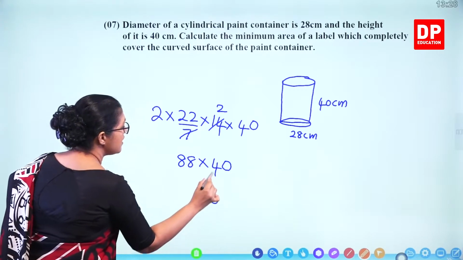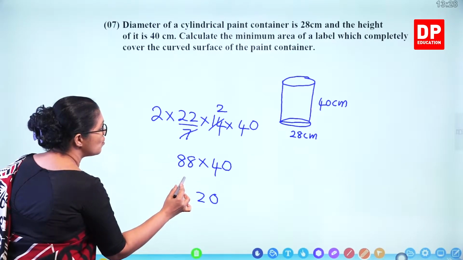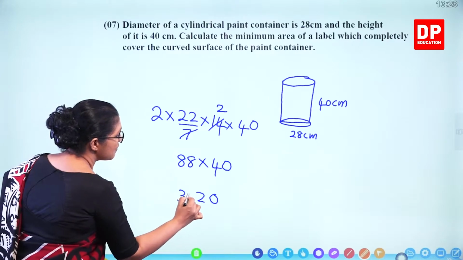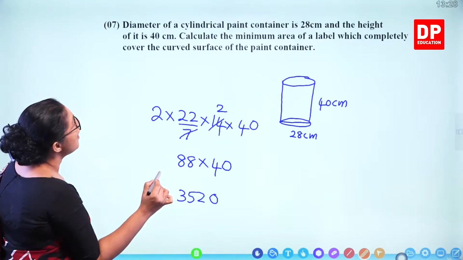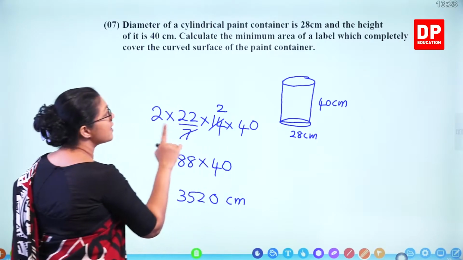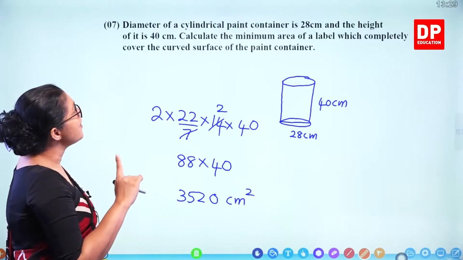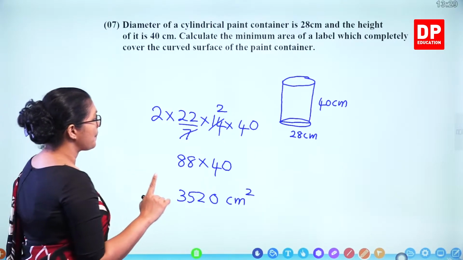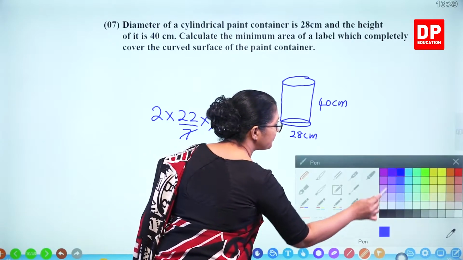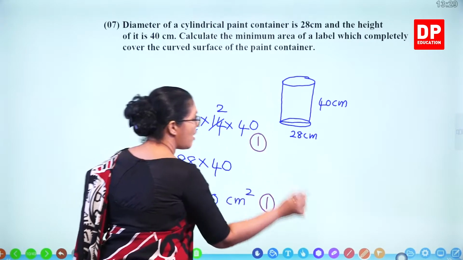So you get 0, 4 times 8 is 32, 4 times 8 is 32, plus 3, 35. 3,520 square centimeters. This is the area. So 2 marks for that: 1 mark here and 1 mark for this answer.